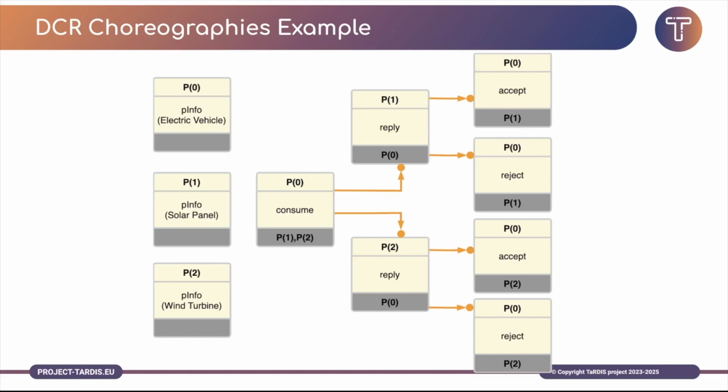DCR stands for dynamic condition response, and the words condition and response are the names of relations between events. These yellow arrows between events, like the consume event in the center and the reply events on the right hand side, are condition relations. So we have events and we have control flow relations that shape the way that these events can happen.